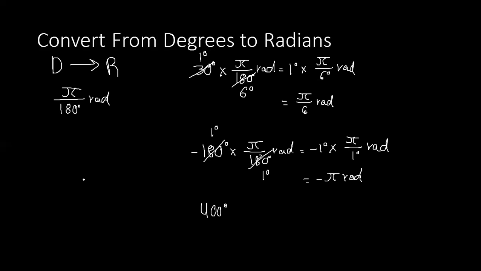And similarly to the negative value, let's just say negative 360 degrees, there's a chance that the angle will be less than negative 360 degrees, like negative 500 degrees, negative 999 degrees, so on and so forth. But for now, let's focus more on converting. We will discuss that later on, all right? So let's go back here. So let's convert 400 degrees. So we will use the same technique.